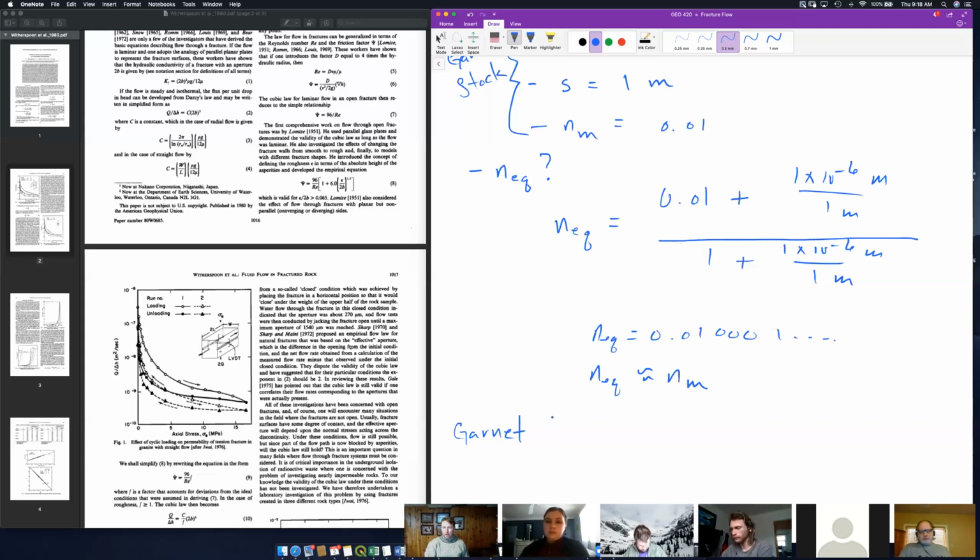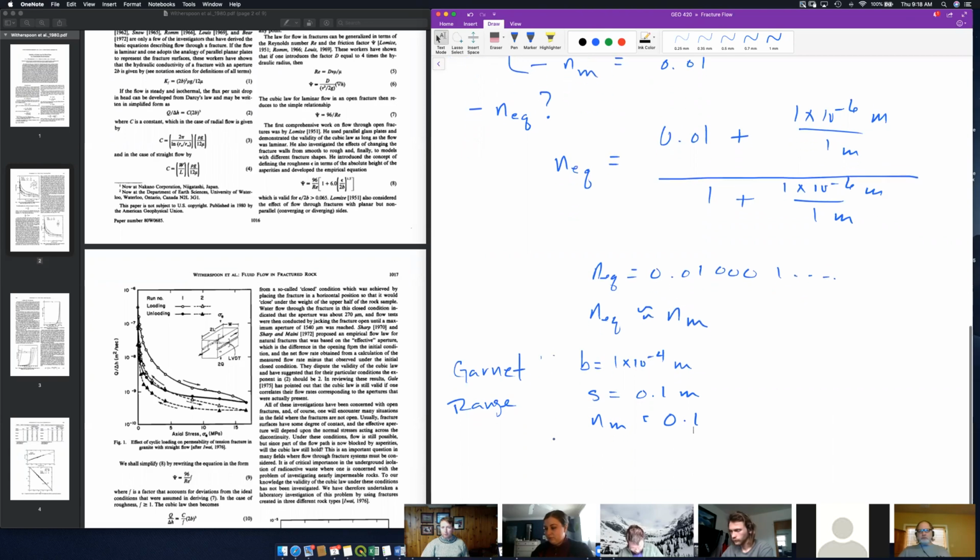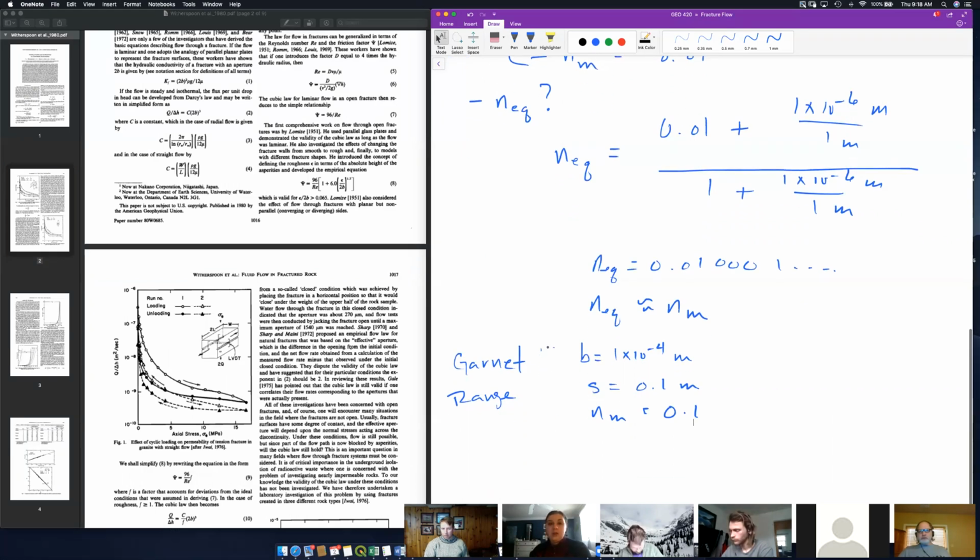We've got B is 1 × 10⁻⁴, S is equal to 0.1 meters, and NM is equal to 0.1. So what do you get for N equivalent for the Garnet Range?